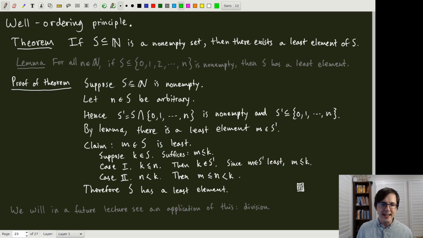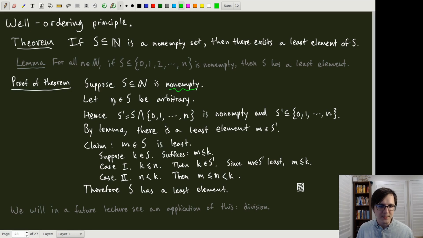Suppose S is an arbitrary non-empty subset, because we're trying to show that for every non-empty S, there's a least element of it. Because it's non-empty, there is some element of S that we can just have on hand.